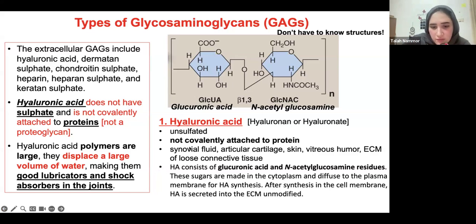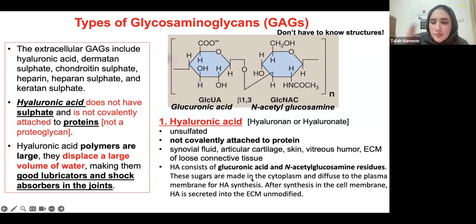It's usually found in synovial fluid, in the articular cartilage, skin, vitreous humor, ECM, okay? Now these sugars are usually made in the cytoplasm.